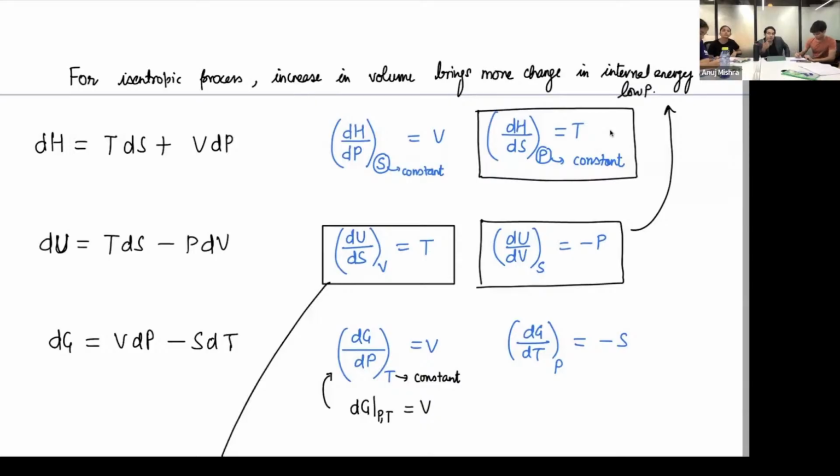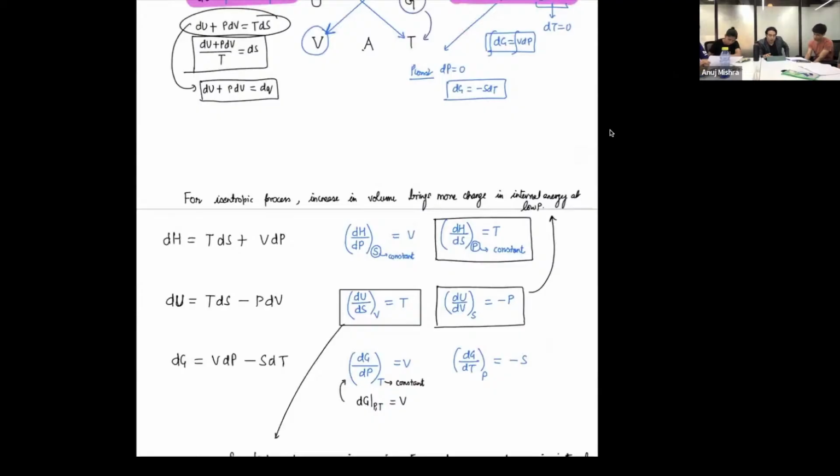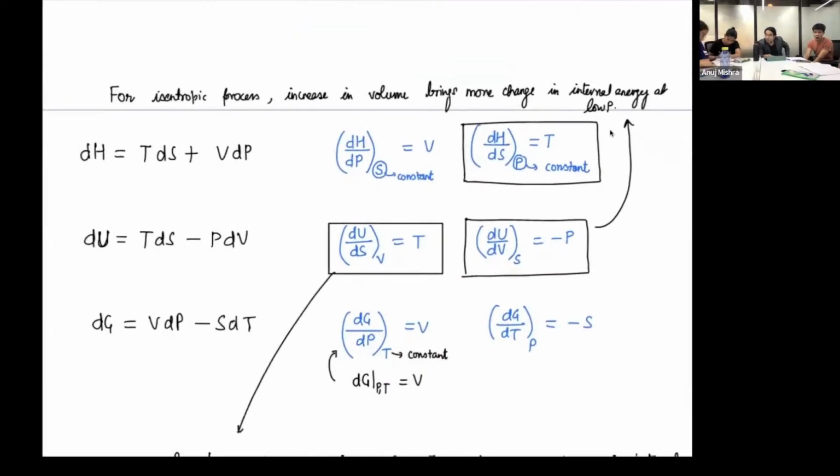And minus P indicates, now read the statement: increase in volume brings more change in U. I want my U to increase. So minus P, P should be smaller. Smaller negative values are bigger, larger magnitude negative values. Is that okay? Make sense? Any problem with these kind of results?